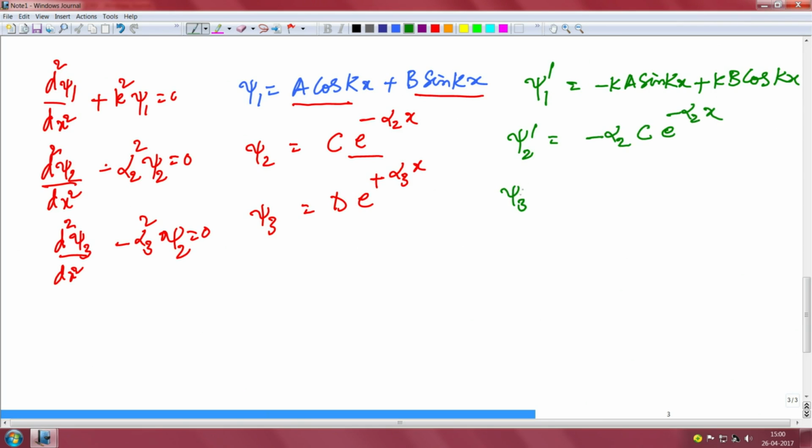Similarly, psi 3 derivative is alpha 3 D e power alpha 3 x. Our goal is to find the arbitrary constants A, B, C and D, and also the propagation constant beta, which is embedded in all these coefficients, in all these constants. So, let us apply the boundary conditions.